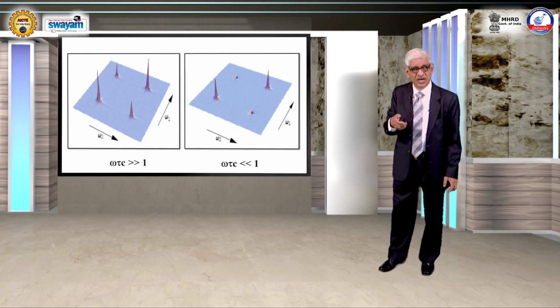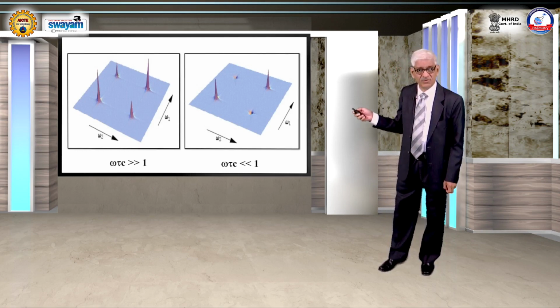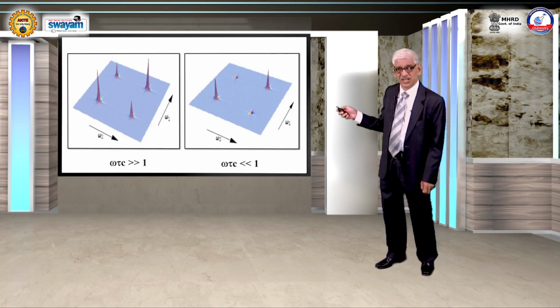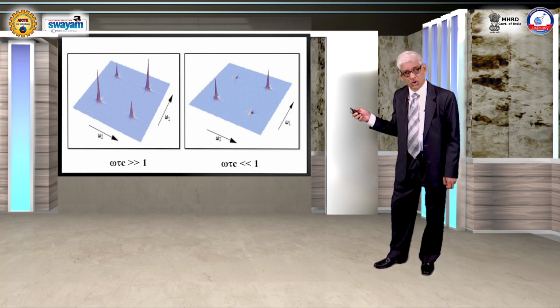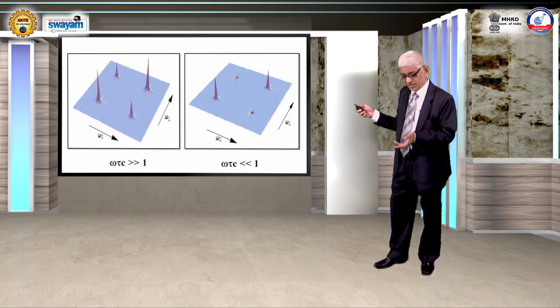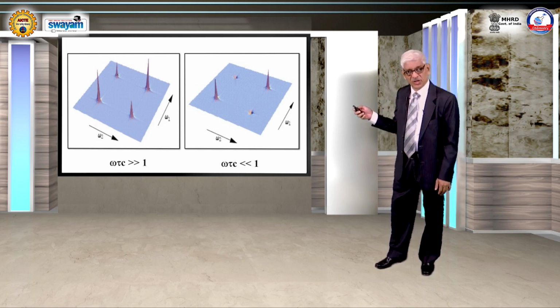You have two kinds of schematic representation of the spectrum. Here you have two different situations depending upon whether your molecule has slow rotation or tumbling in your solution, or fast rotation in your solution. That is represented by what is called omega tau c.